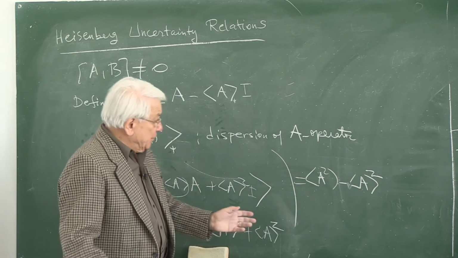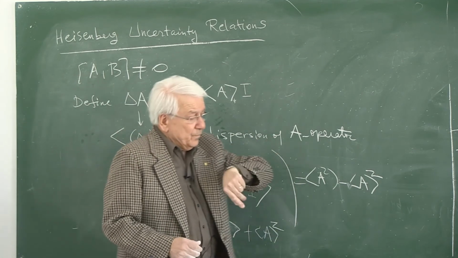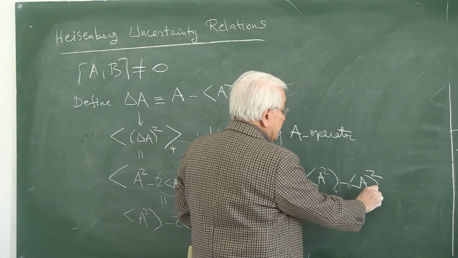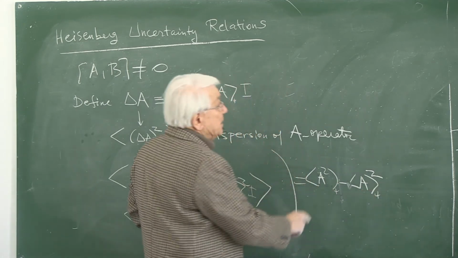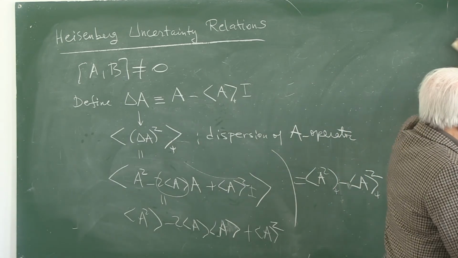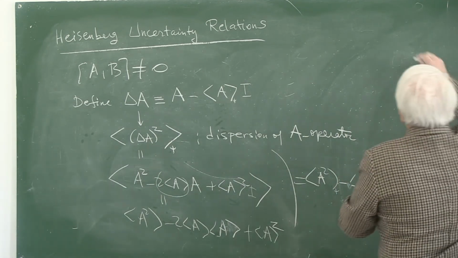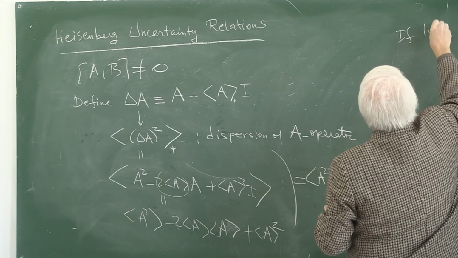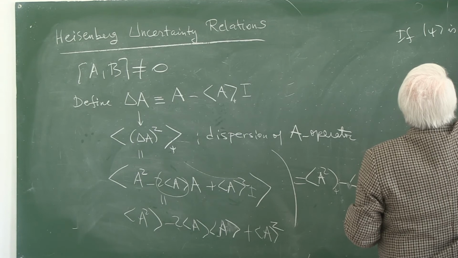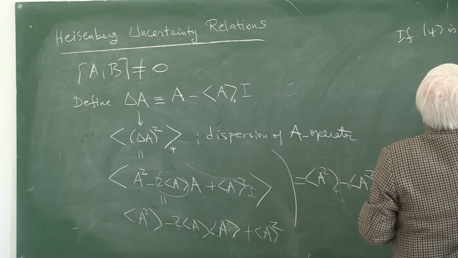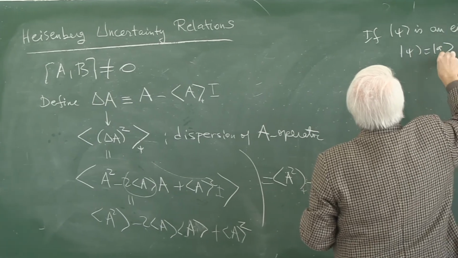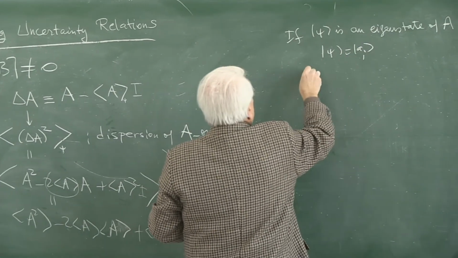Well, this explicit form already tells you that if the state in question, there are always states in here, if the state is an eigenstate of the operator in question, if psi is an eigenstate of A, that is, psi is one of those a_i, then what happens?